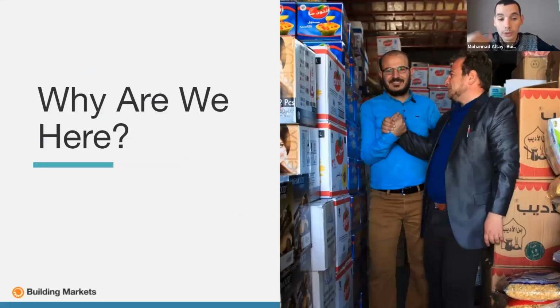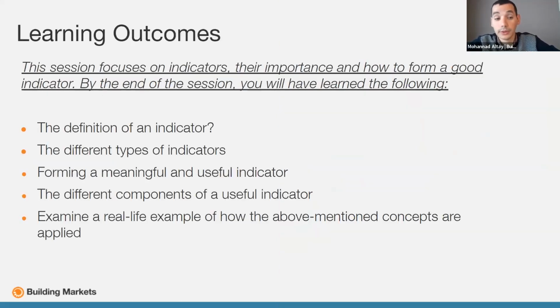This is where we will learn more about the learning outcomes from this session. This training session is related to the MEAL system, and specifically it will cover the indicators part of the MEAL system: how to select indicators for your project and how to formulate a useful and meaningful indicator for the services or the project in general.